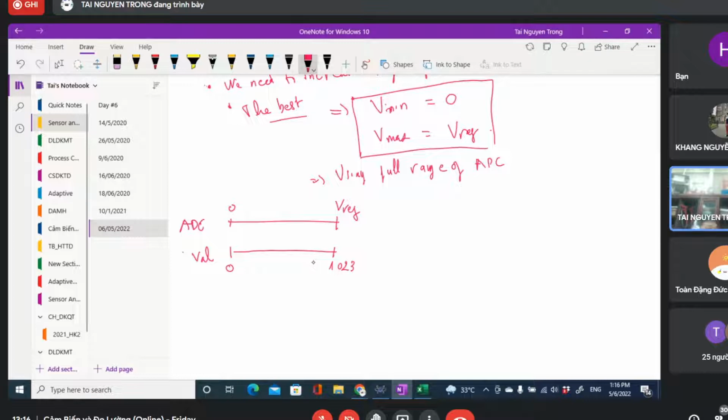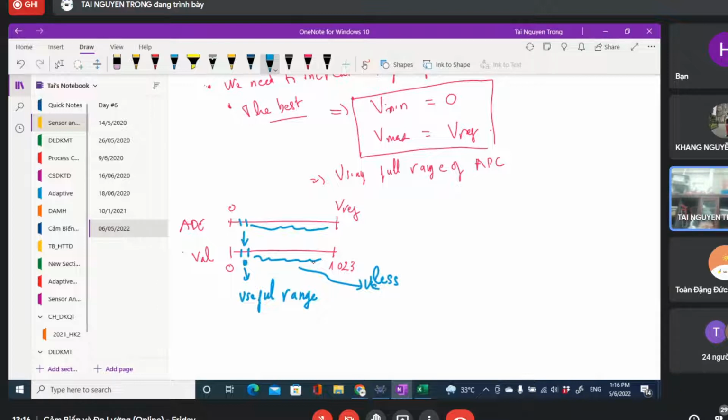And if we use a small range, it's small like this one, and then the IDC value is very small. This is a useful range, and this one is useless.